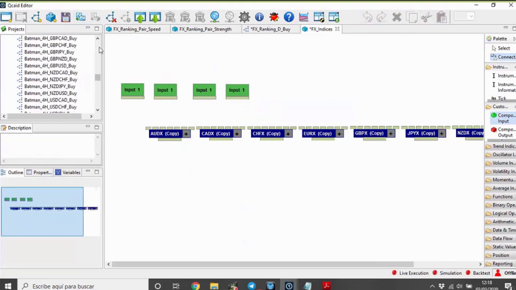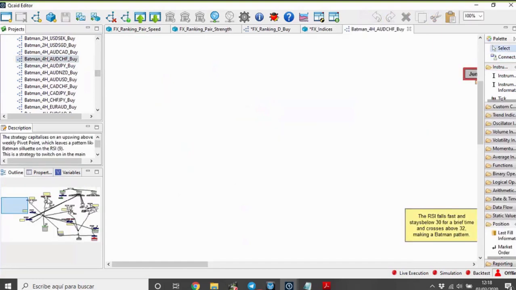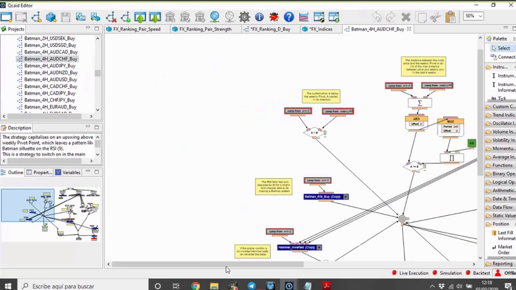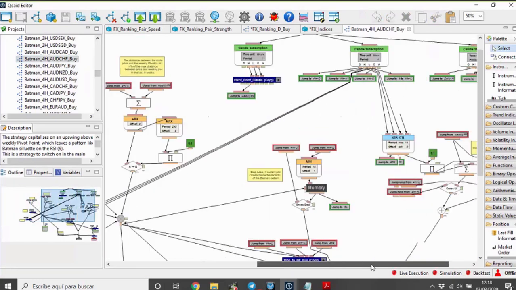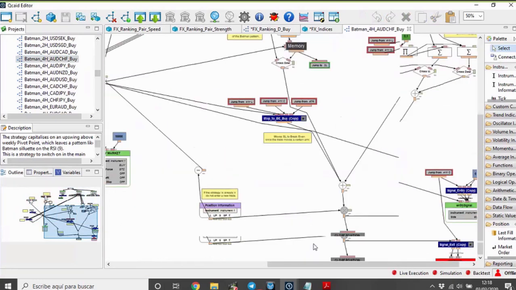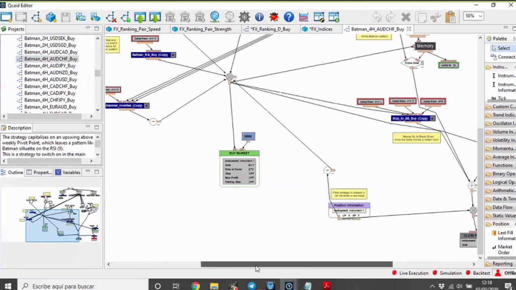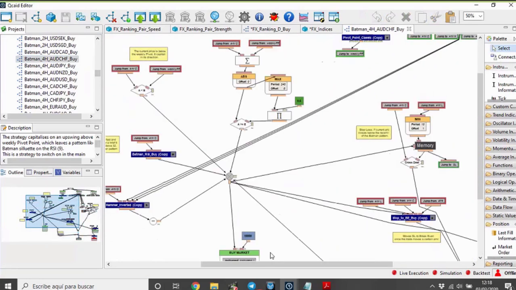They can get as complicated or as complex as we wish. Here you see a complete strategy. Okay, this is what it looks like.